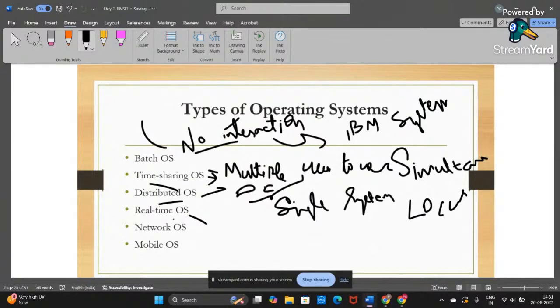Next one is real time OS. Real time OS means it responds immediately to the input. Immediate response for the given input. Where is it used?